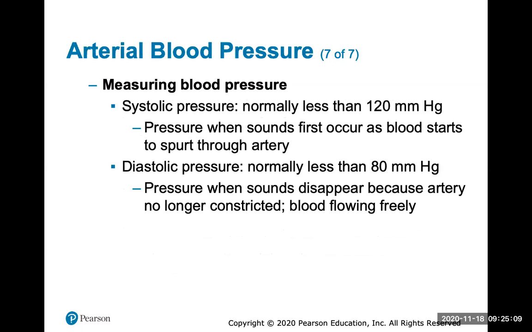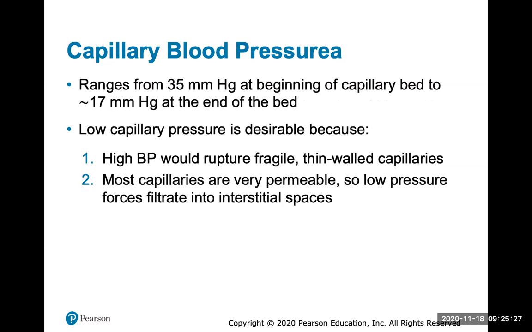This is when blood starts to spurt through the artery, and diastolic pressure is normally less than 80, and this will be the pressure when sounds disappear because the artery is no longer constricted and blood flows freely.